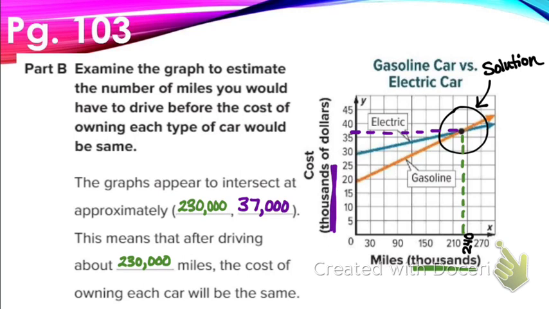The electric car is more expensive to buy, but it doesn't cost me as much for each mile. The gasoline-powered car is cheaper to buy, but it costs me more money. So eventually these two are going to balance out.